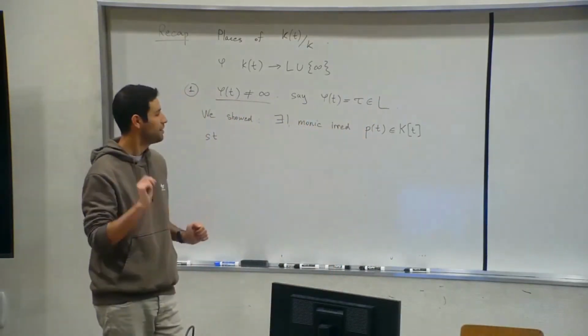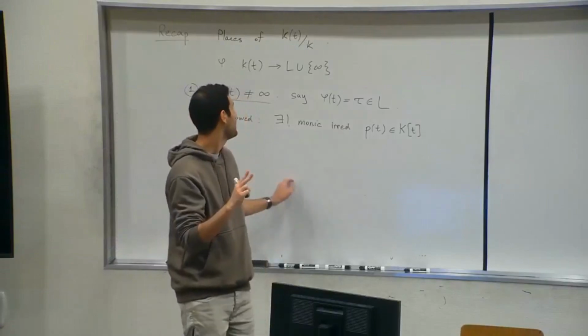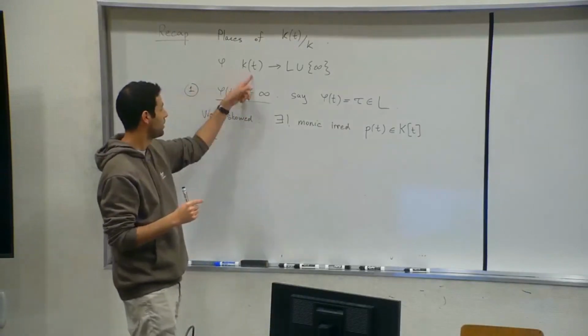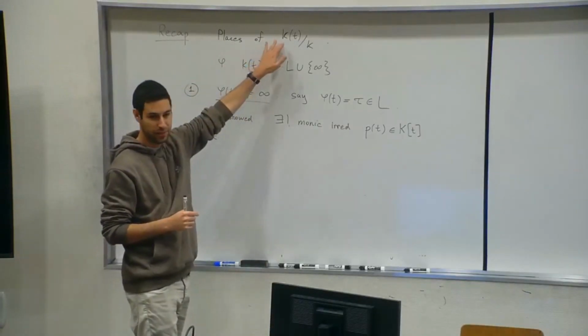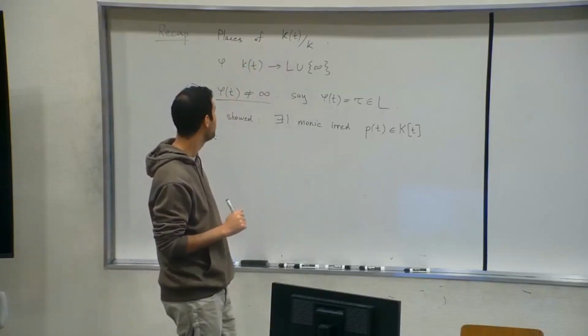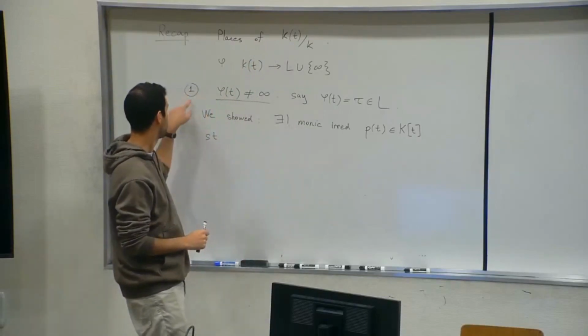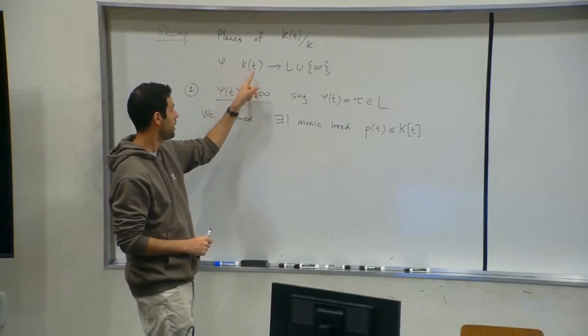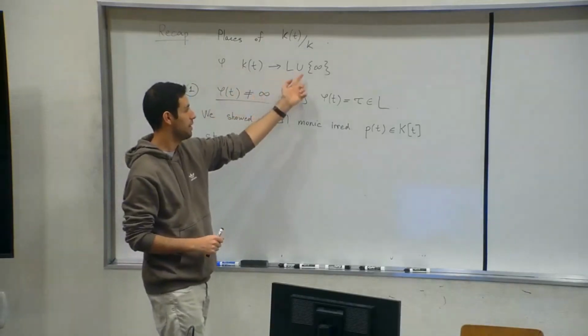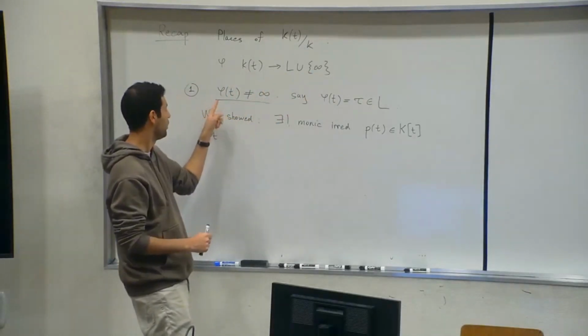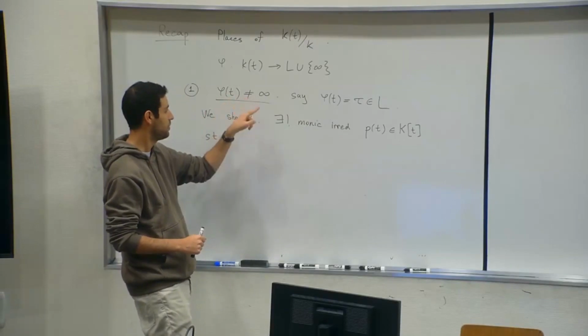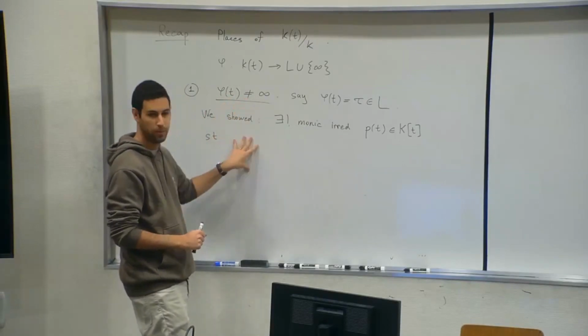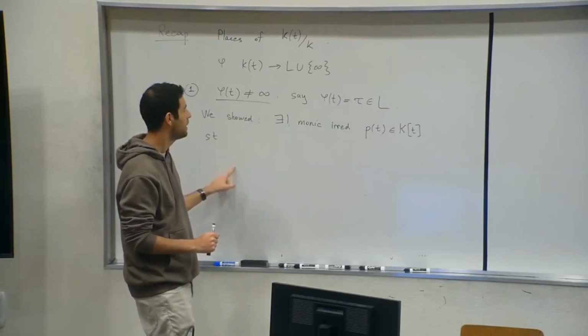So today I owe you two things. The first thing is to complete the characterization of the places of the rational function field. We started last time, and we analyzed all the places phi from k(t) to some field L plus infinity in which phi of t is not infinity. I will repeat that quickly.